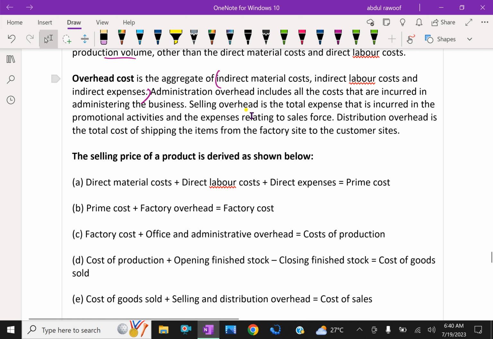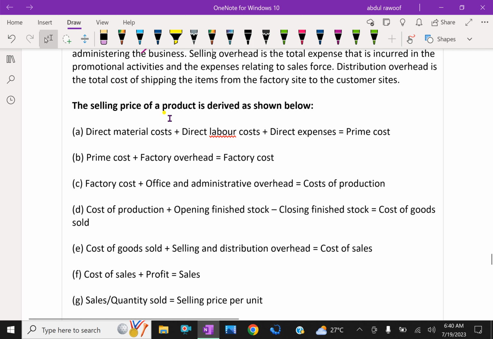Selling overhead is the total expenses incurred in promotional activities like advertisement and the expenses relating to sales force. Distribution overhead is the total cost of shipping the item from the factory side to the customer side.